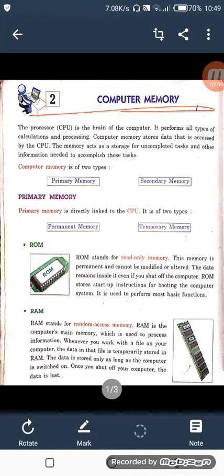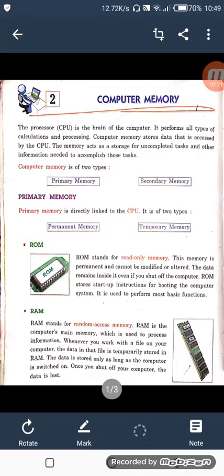Computer memory is of two types. I told you the first one is primary memory and the other one is secondary memory. In primary memory there are also two types. Primary memory is in direct contact with our CPU.